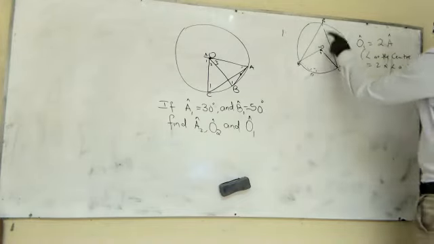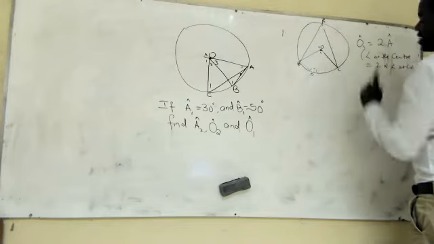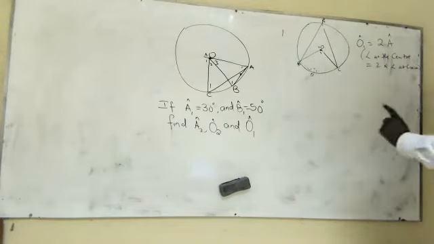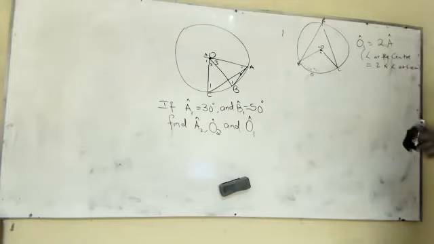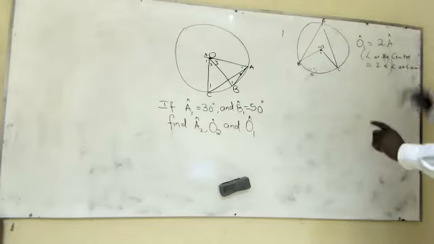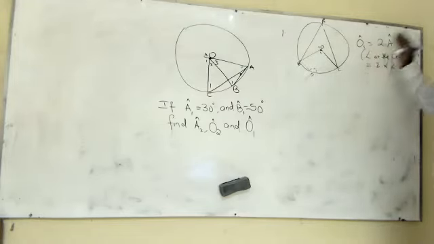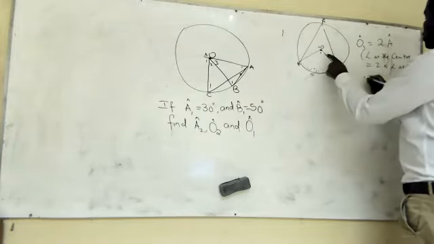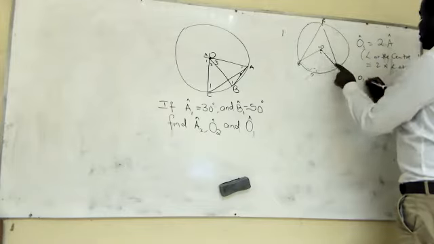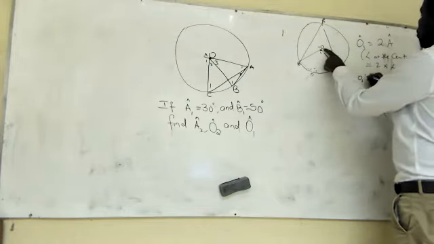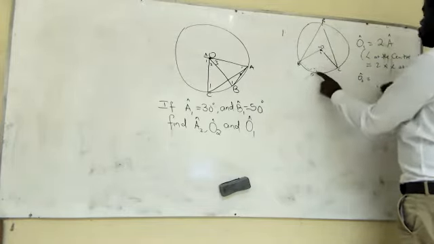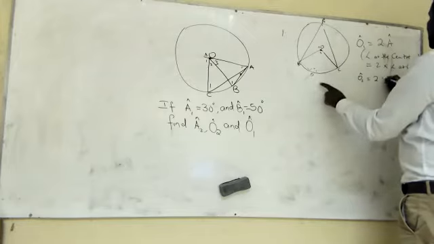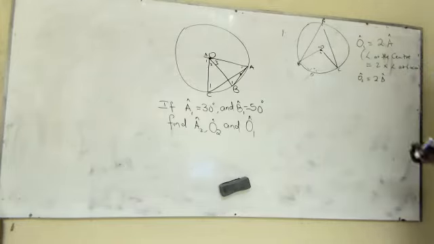So O1 is equal to 2 times A, but now there's another relationship we're establishing that uses exactly the same principle of the angle at the center being twice the angle at the circumference. This time we establish that theorem using angle O2. So O2 is equal to twice what? Twice D, twice angle D.